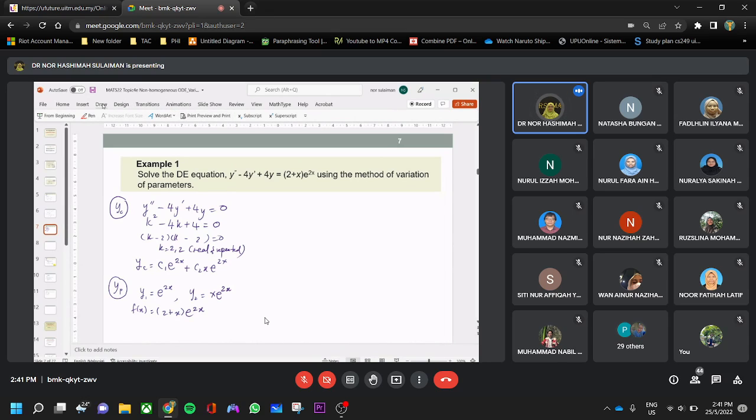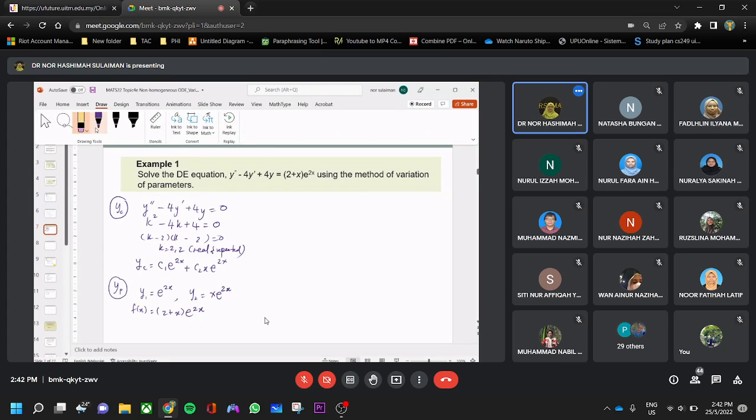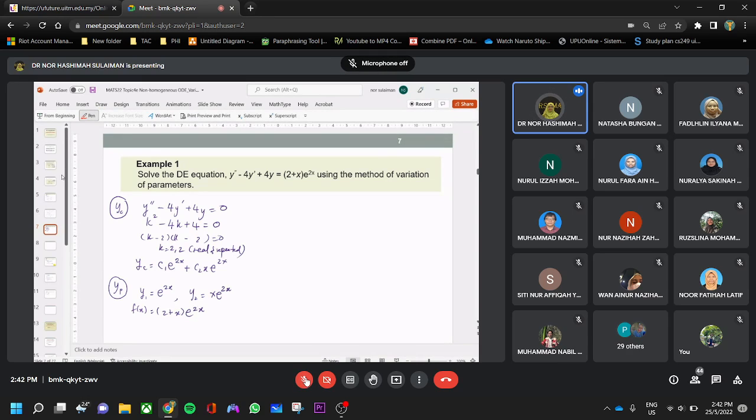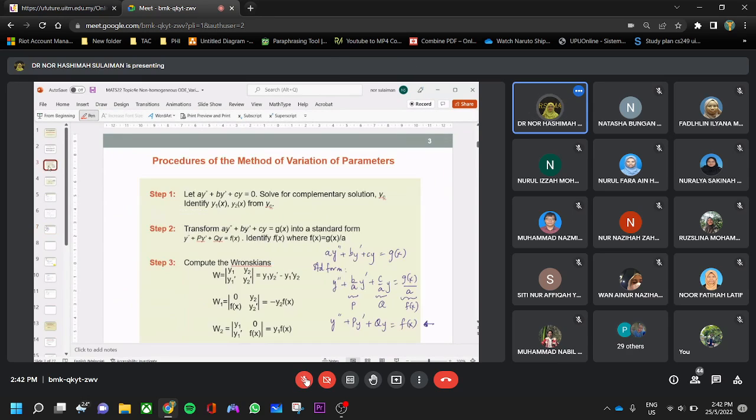Okay, so lepas tu nak cari apa? Cuba kita tengok step kita tadi. Mana dia tadi dah dapat Y1, Y2 kan? Yang kedua dah transform, dah memang dalam untuk standard form. Kita dah identify f of x. Lepas tu nak cari apa? Wronskian.